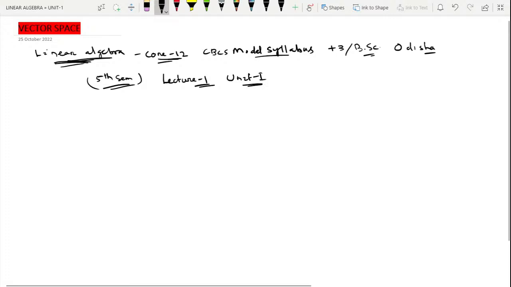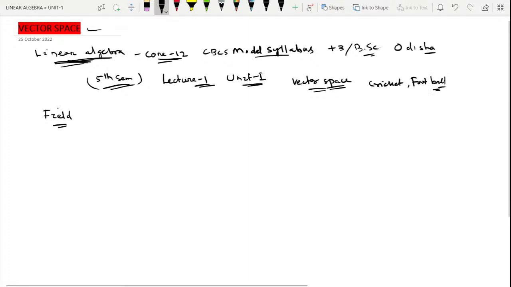Before going to linear algebra, first I will define what is a field. That means before starting vector space, I will tell you what is a field, because in every game like cricket or football, you need a field.